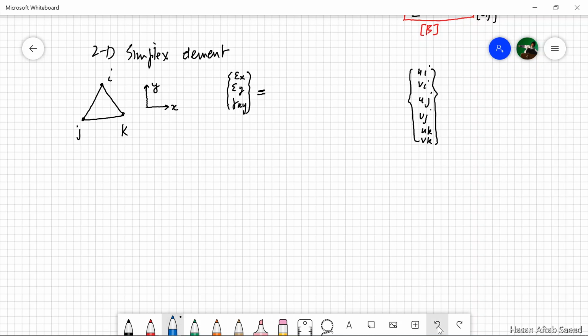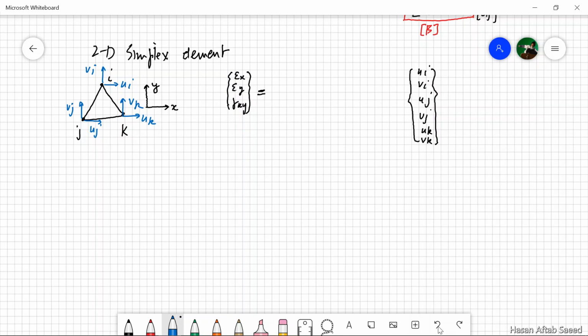Let's show them on our diagram here. This is ui, vi, uj, vj and uk, vk.